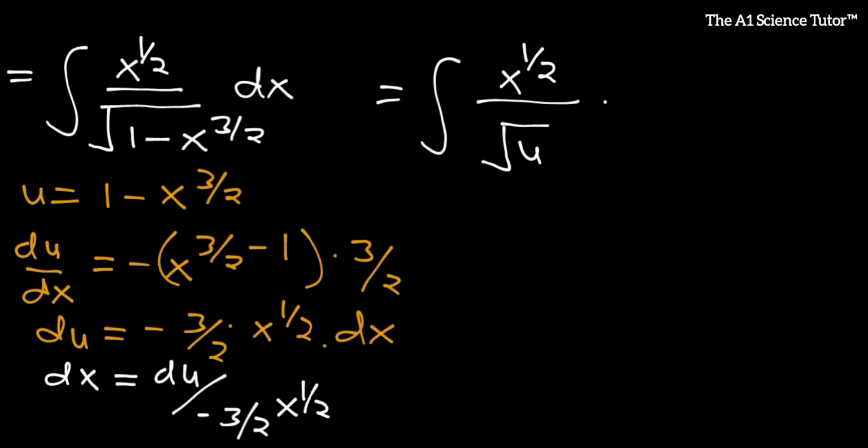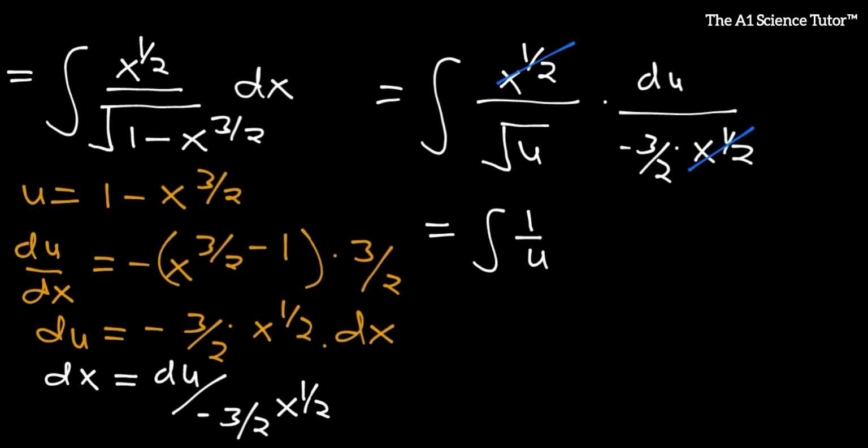So I'm just going to replace that. Here we have du, and this is divided by negative 3/2 multiplied by x to the power of a half. So this can cancel this out. So we're going to have the integral of 1 over u to the power of half, because that is actually the form of the third. And here we have 2 du divided by negative 3, right?